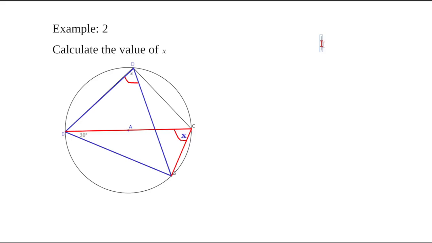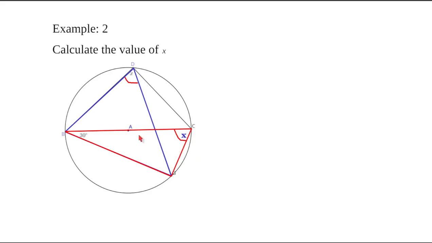Now how do we find the value of x? Let's look at this one closely. Let me draw another line here so that we have that triangle there, which is red.